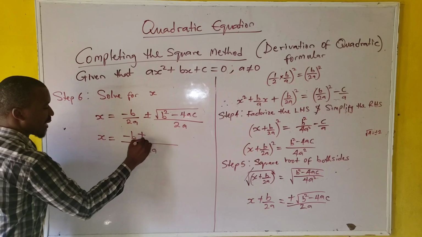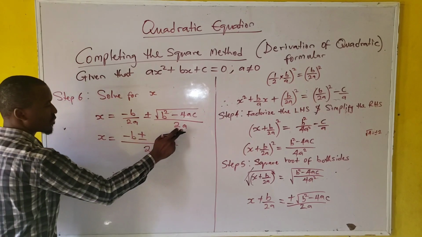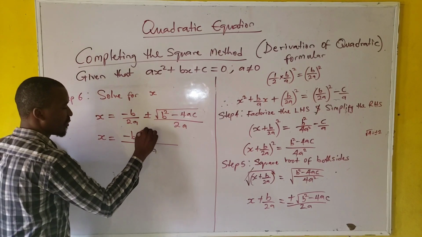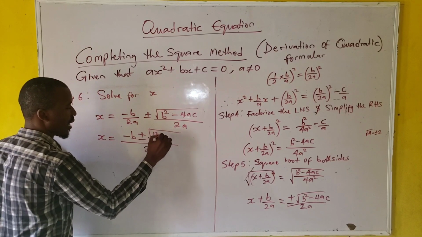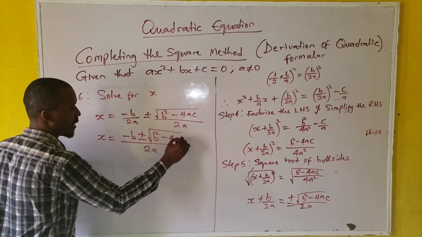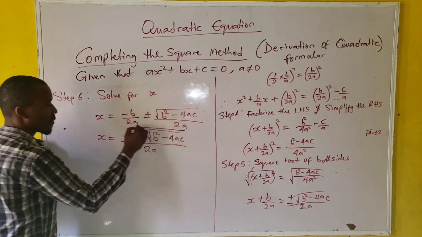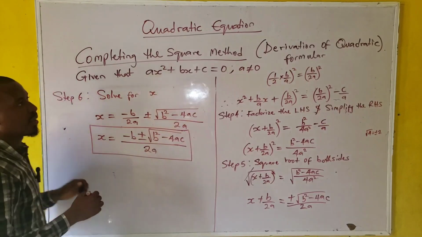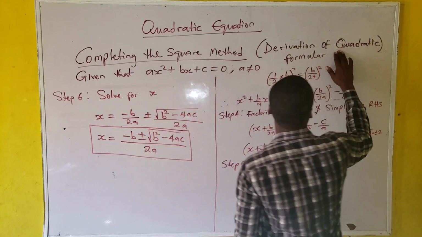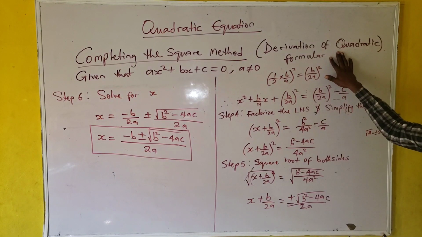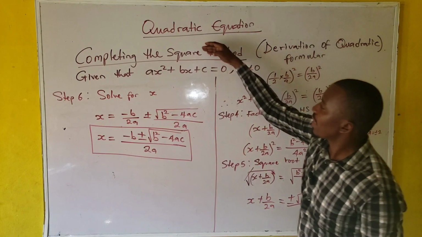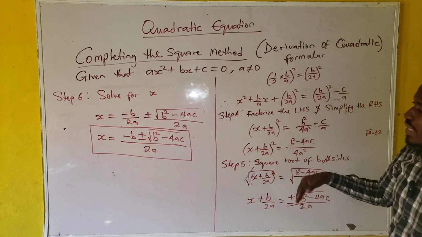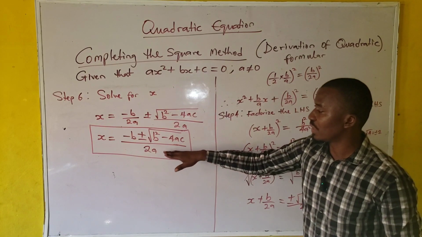Then you have your plus and minus. 2a divided by 2a will give you 1. 1 times the whole of this will give you square root of b square minus 4ac. So this is our formula, our quadratic formula. Like I said before, the method of completing the square is what gives birth to the formula.